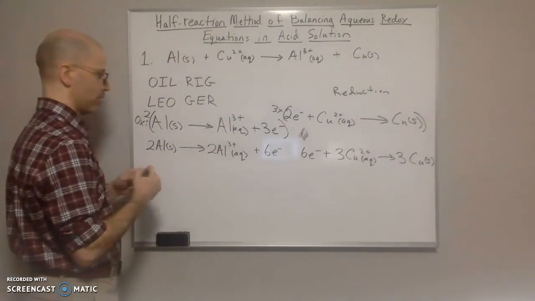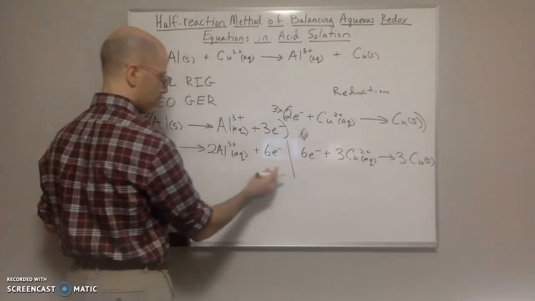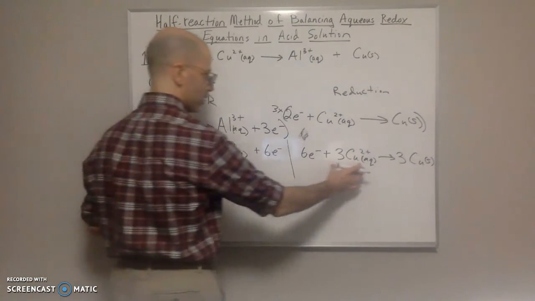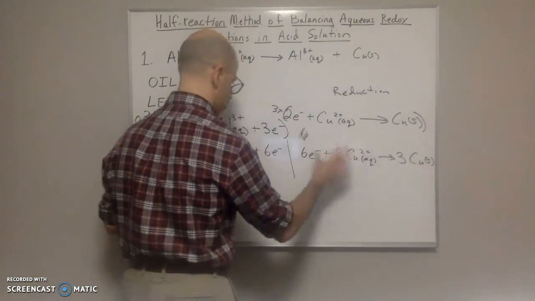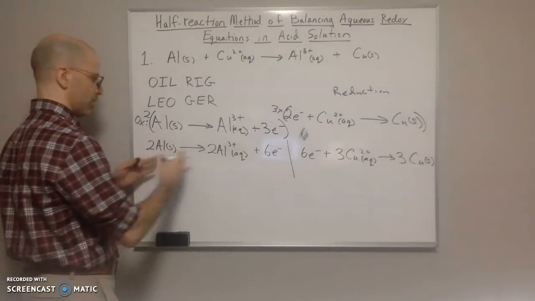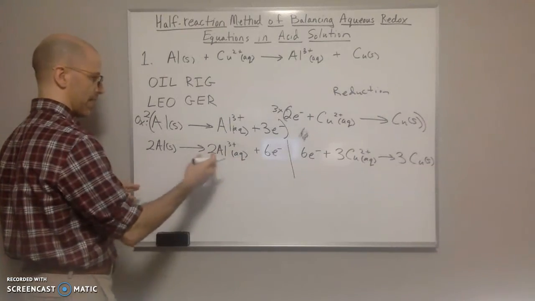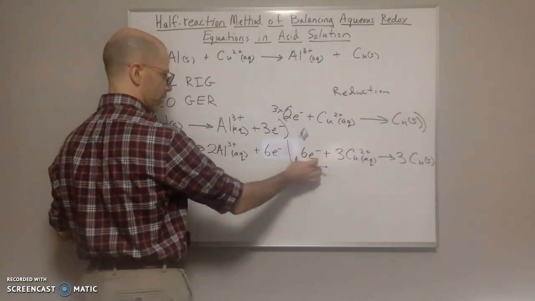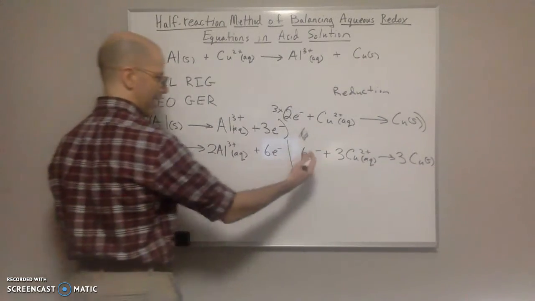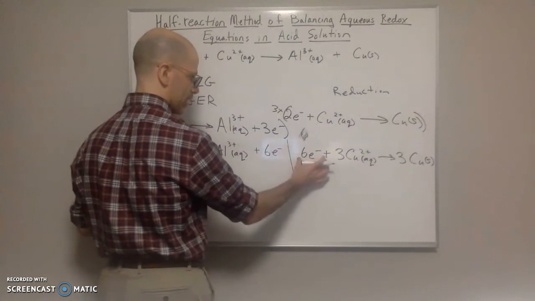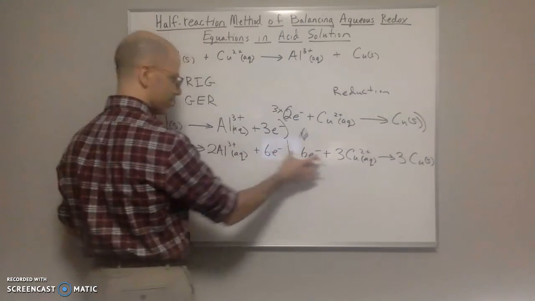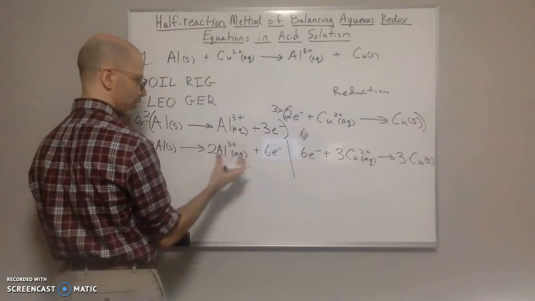Okay, so now that I have my 2 halves, they're balanced in charge, they're balanced in number of elements, and now they both have the same number of electrons. So when I add them back together, the electrons here are reactants, here they're on the product side, so they'll cancel out.